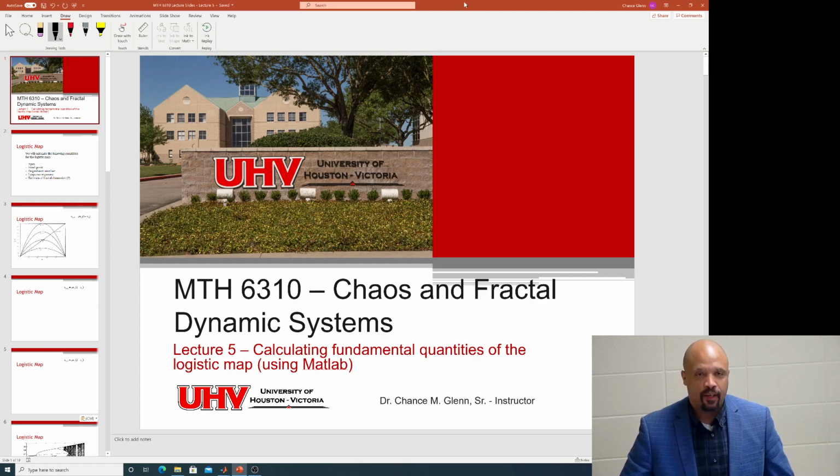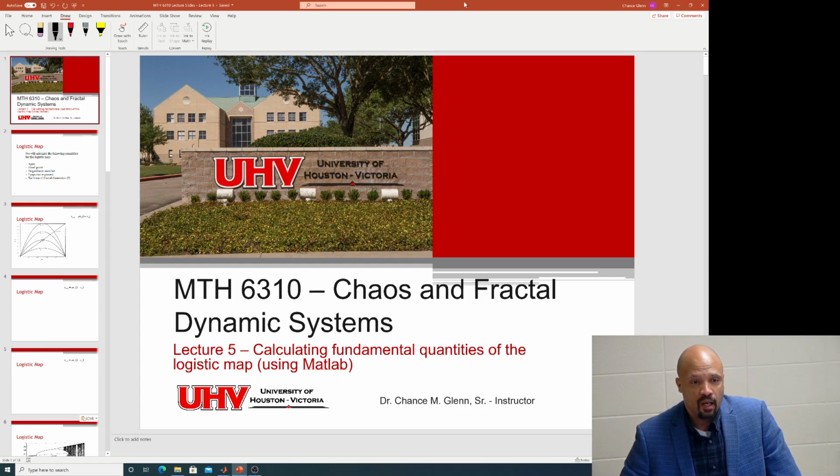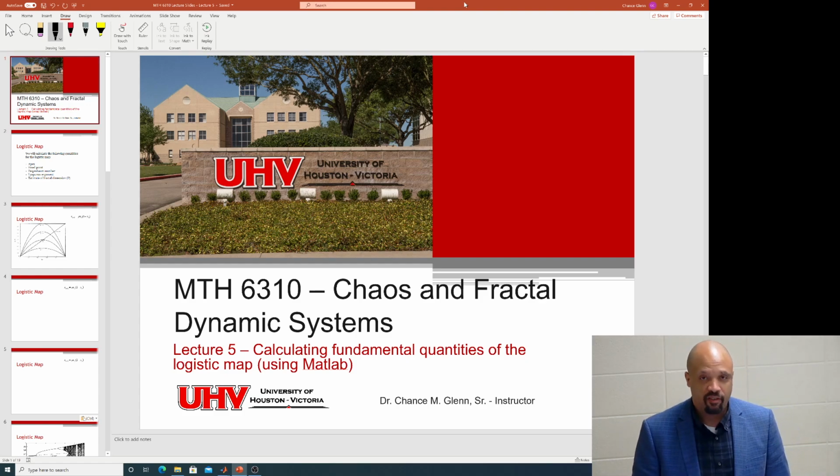Well, this map is fundamental to how a lot of chaotic oscillatory flows react, and as we begin to make some progress, you'll see how we relate these maps to these continuous time flows, and how you can bring some of these same measures back to bear, and why those measures are relevant to what's going on in that continuous time system.